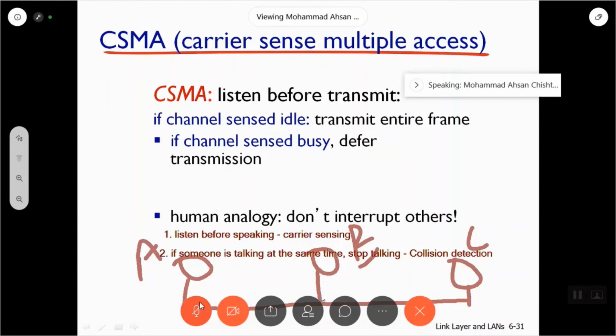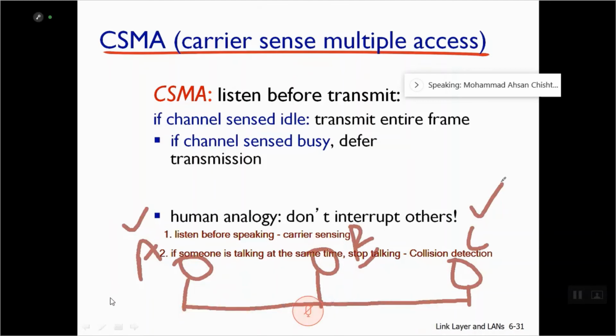At this specific time, there is nobody who is sending. Both A and C now want to send at the same time. Let's say A wants to send to B and C also wants to send to B. Now what happens during this time? A senses the channel and it's empty, no transmission. C also senses the channel and it's empty, no transmission.